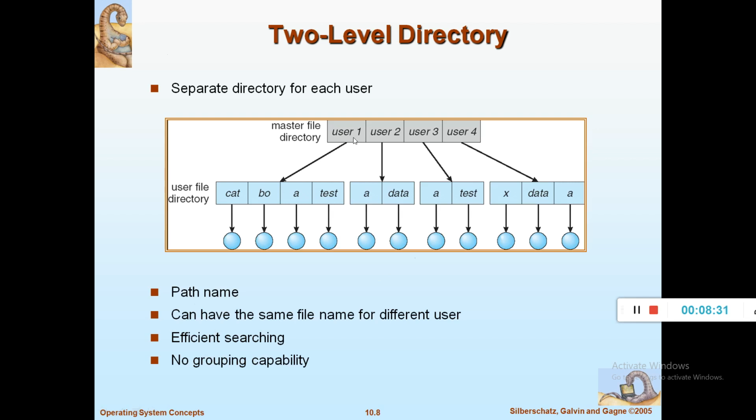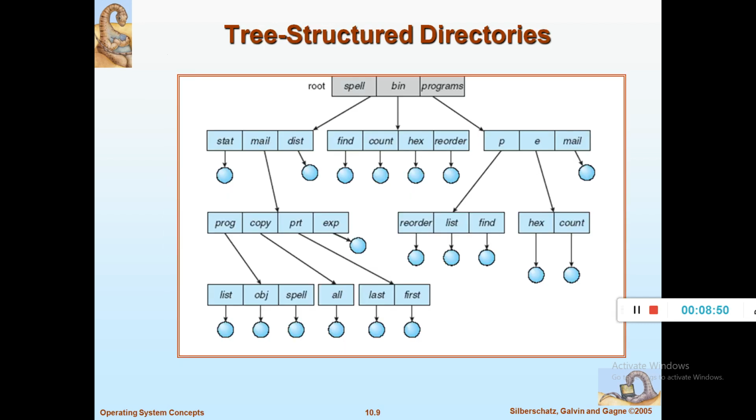If user one wants to maintain the information of two different labs or different subjects separately, it is not possible with user one or student one. So the naming problem we have overcome, but the grouping capability is not overcome here. To overcome this, we are going to use the next structure called tree structured directories.